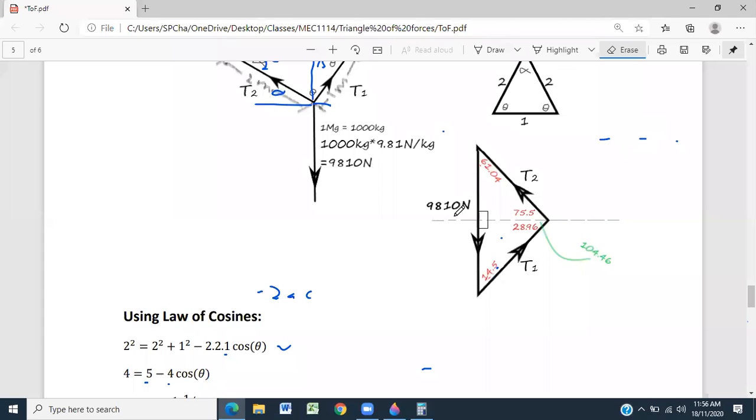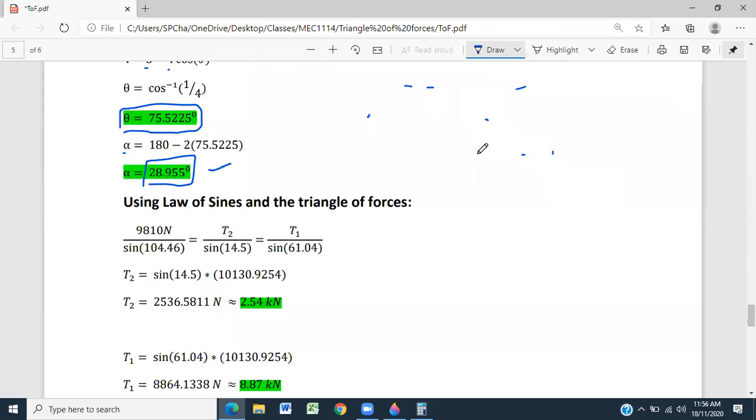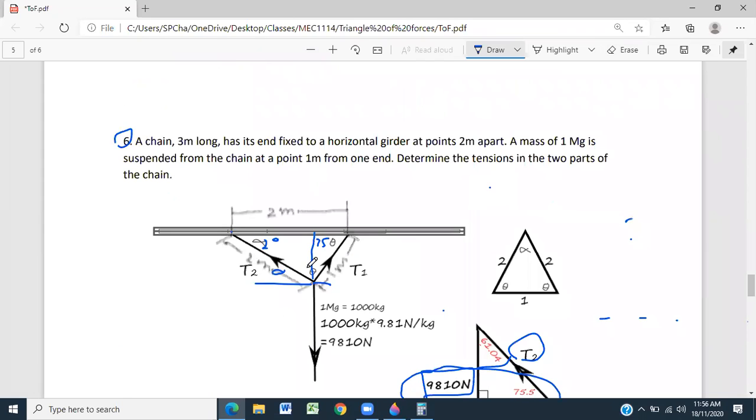So we know this side is 9,810 and this side is 104. So this here is one complete side, right? One angle on one side, and one angle and one unknown, right? And one angle and one unknown. So we can use the sine rule here. Or if you didn't go this far and you just went here and started using Lamy's theorem. Yeah.